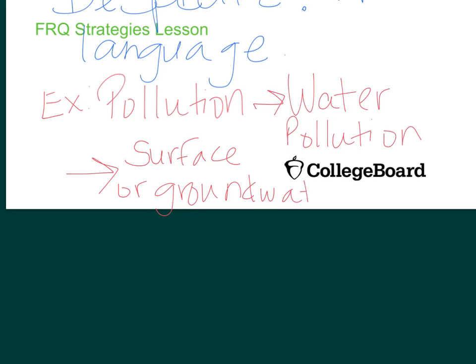Sometimes they're that picky. So instead of saying fracking causes pollution, you say fracking causes groundwater pollution. Just add those precise words, and those are the kinds of things that give you points.